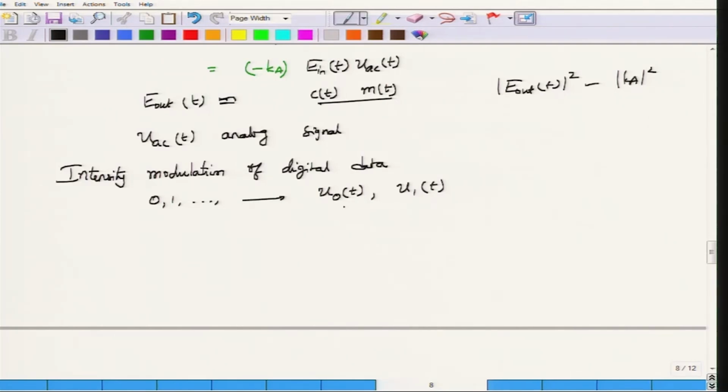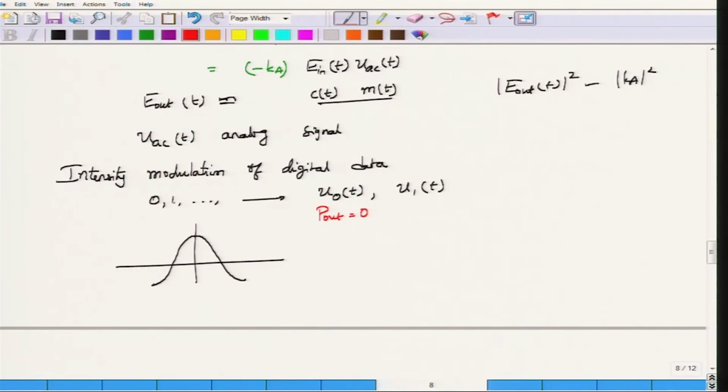But now let us simply recall our transfer characteristic of the Mach Zehnder modulator and see if I can perform this digital modulation. What I would like to do in this digital modulation is that when I get an input 0, I should pick a value of u0 of t such that the output power will be equal to 0, or it should be very, very small.